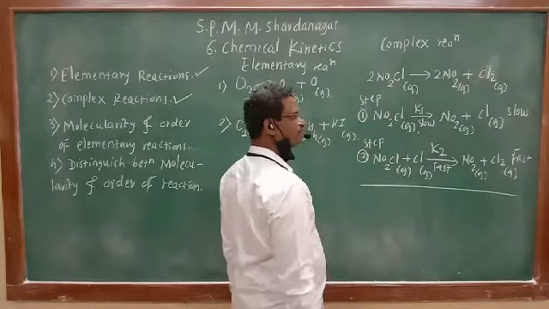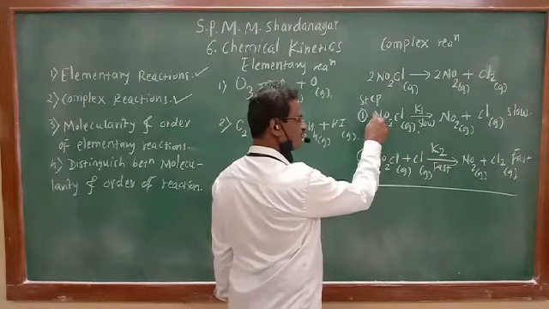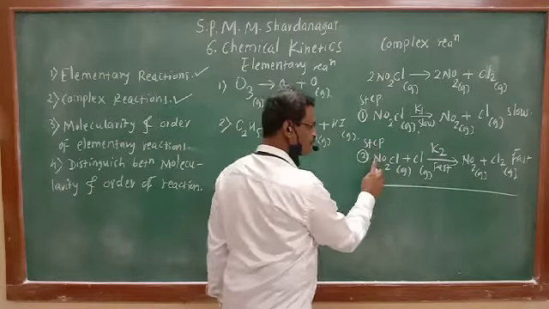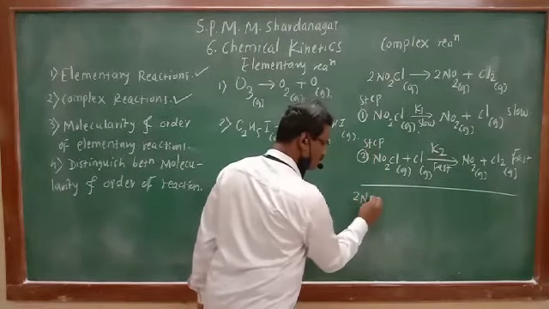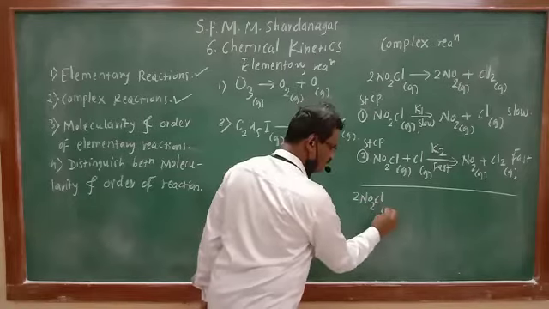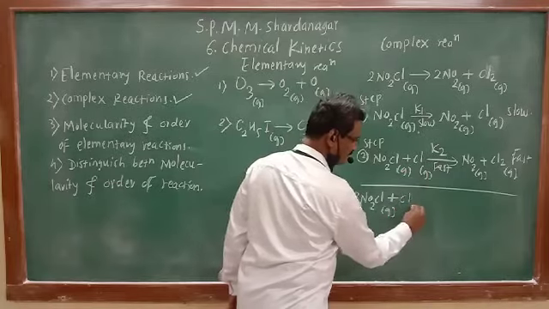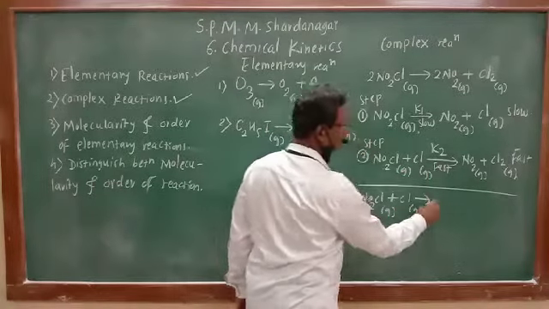Now, if we add these two reactions, reaction number 1 and reaction number 2, NO2Cl plus NO2Cl, this is 2NO2Cl gas, plus Cl gas on the left side.